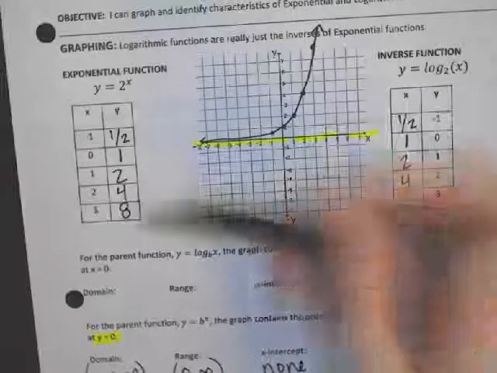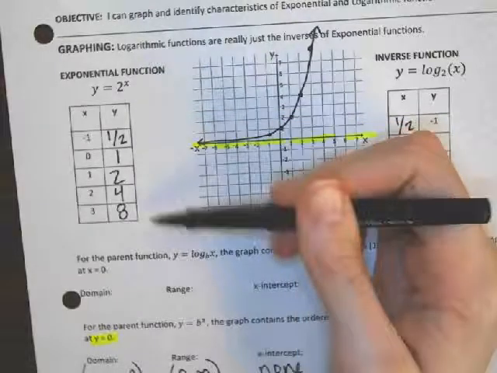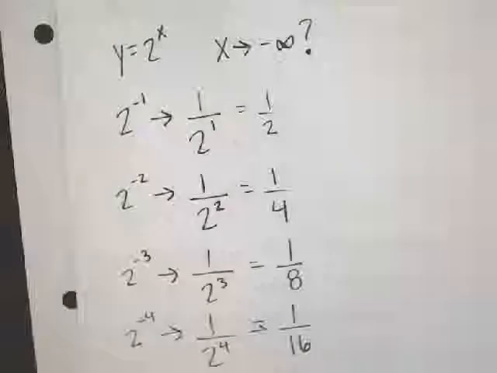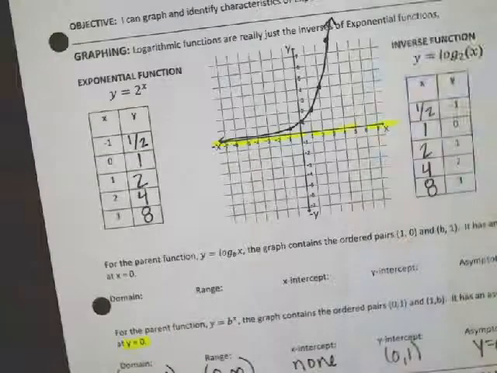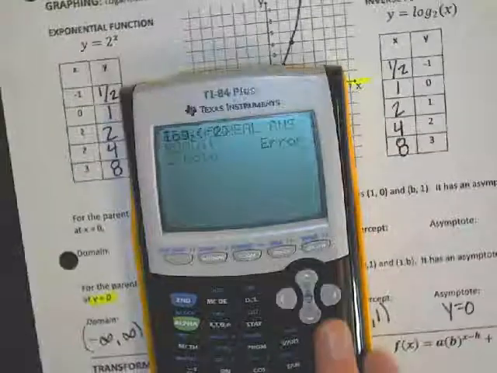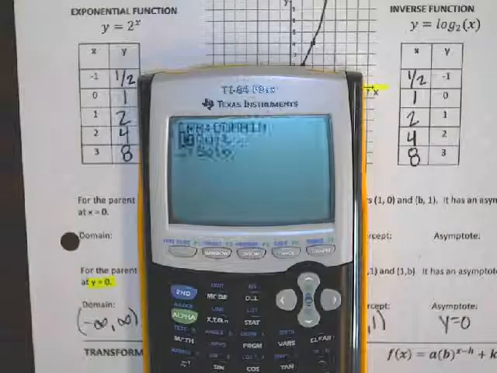Was 0 an output that we could get here? Did we ever equal 0? No, we said what? It got closer and closer to 0 as we got negative, right? But we would never actually equal 0. So is 0 going to exist for the log? Let's try it. Log base 2 of 0. Nope. So then we know that we can't have any negative values for logarithm.